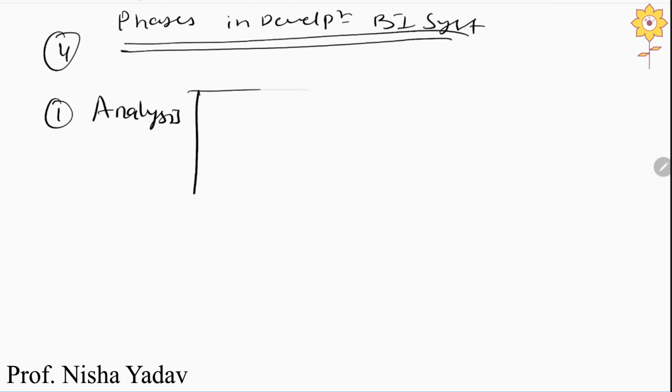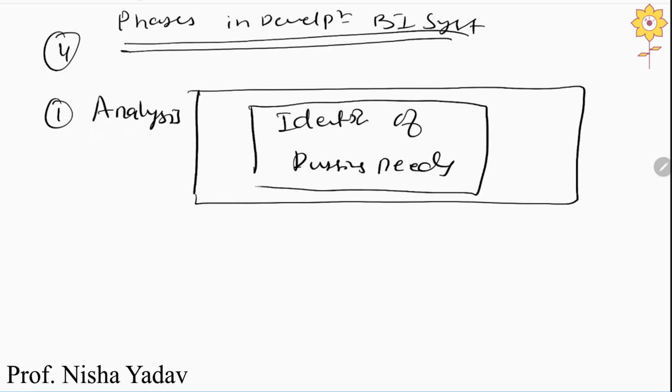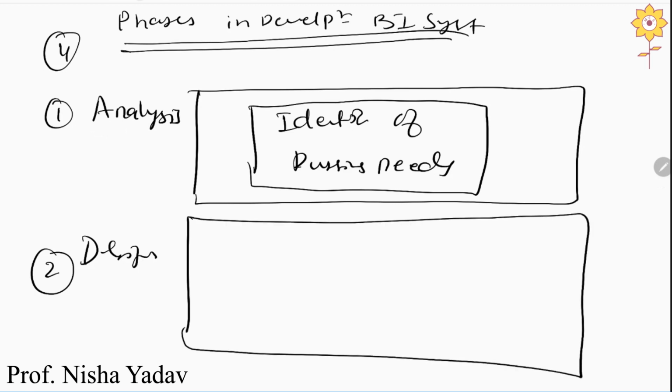Now, in this analysis phase, we have one component which is known as identification of business need. So, this is the first component of the analysis phase, which is identification of business needs. Moving to the second phase, which is our design phase. Under design phase, we have two primary components involved over here.